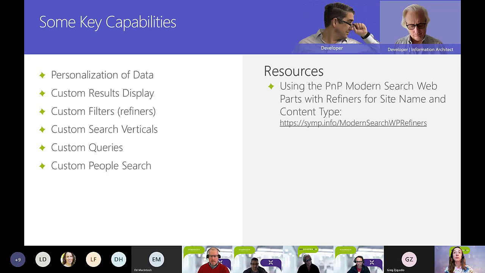KQL is... I don't remember what K stands for. Something, K, query language. It's the same query language that has existed since SharePoint Search has been around. It's the same query language you would have used if you used a content search web part. So this isn't some new thing to learn.